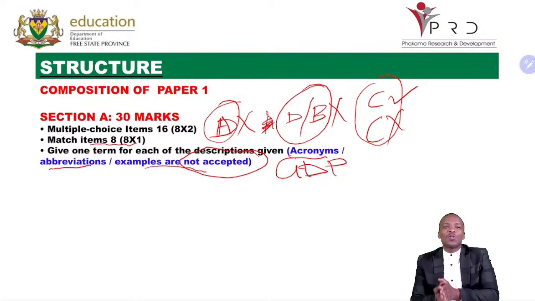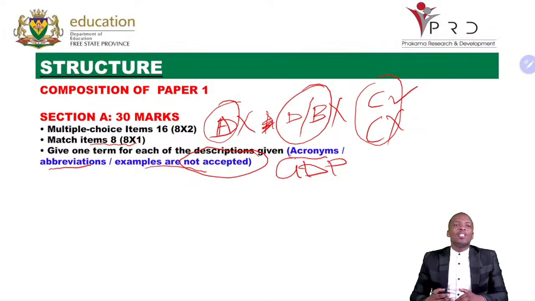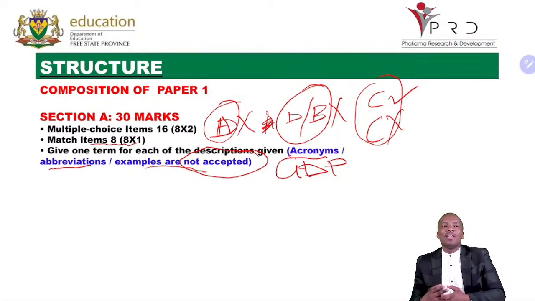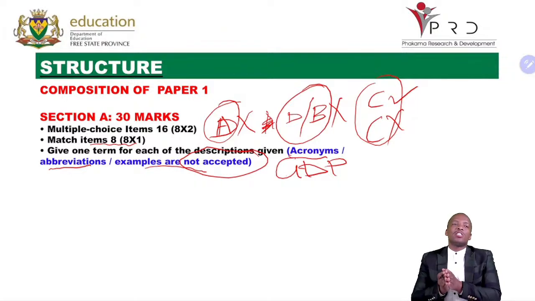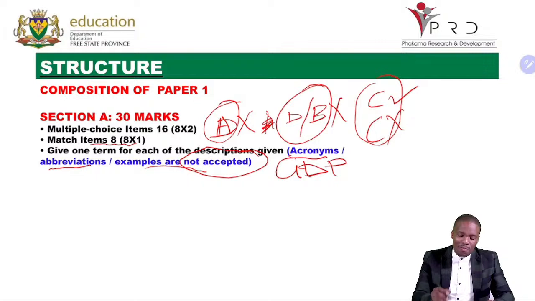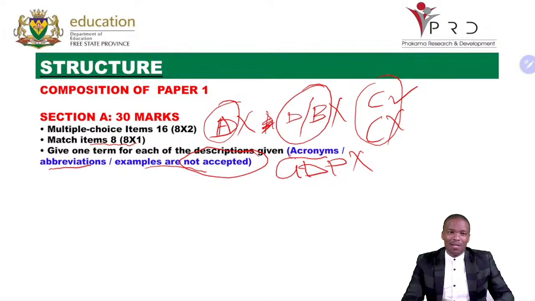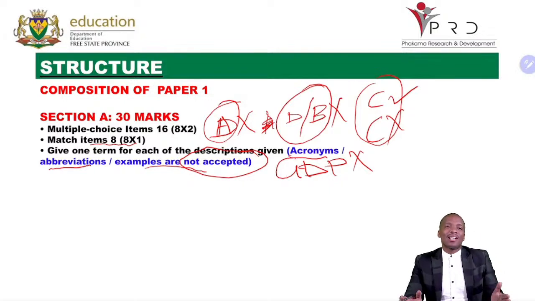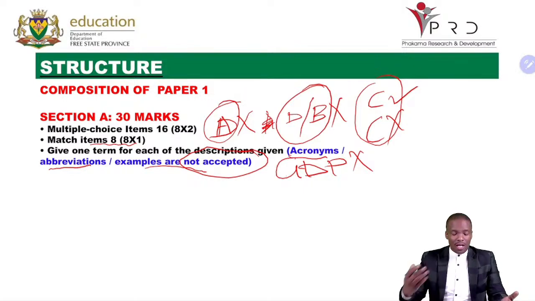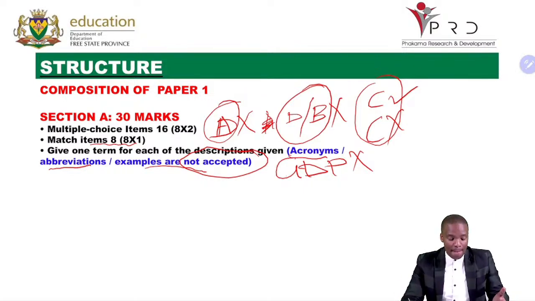The answer is gross domestic product. It is 100% correct. But did you meet the requirements of the question? The answer is no. You did not meet the requirements. Therefore, even if GDP was correct as gross domestic product, you are going to be marked wrong. 1 mark is lost. Because we are saying read instructions. That's what we want. Just read the instructions. Then you will see that things will be easy here.